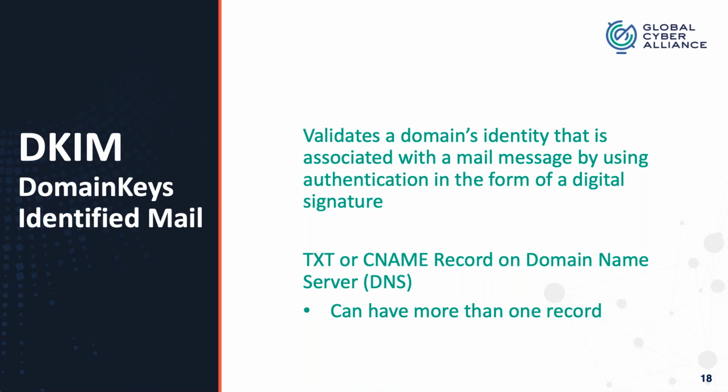Now, these can be TXT or CNAME records that you're creating on your DNS, and you're not restricted to just one. You can have multiple. The reason you have multiple is because, if you use third-party vendors, each vendor is going to create their own policy. And typically it's going to be a CNAME record, because they're going to manage the DKIM for you.